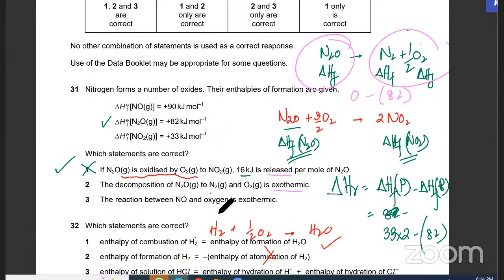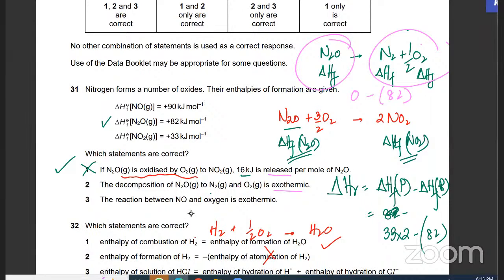So next one, last one, the reaction between NO and oxygen is exothermic. It's combustion, so it should be exothermic. And they haven't told us what is going to be produced. We don't know which oxide would be formed. So I'm assuming it is exothermic.